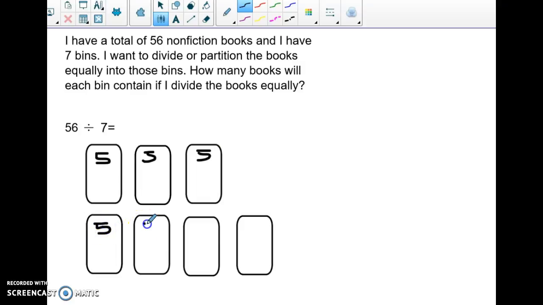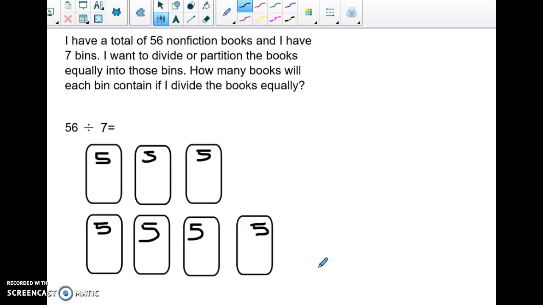Okay, another 5, that's 25, another 5 is 30, and then another 5 is 35. Alright, so the good thing is I didn't go past 56, but I'm at 35.